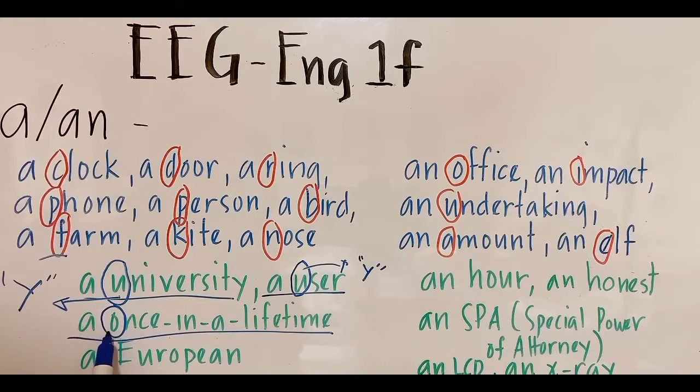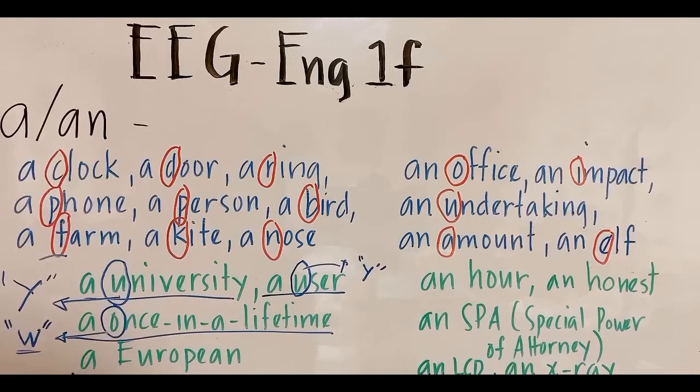But when we use our listening skill, once starts with the sound W, which is a consonant sound. A once in a lifetime. So use your listening skill here. This is the second exception.